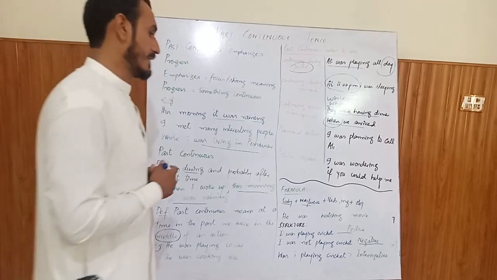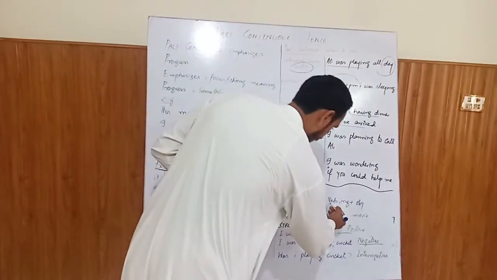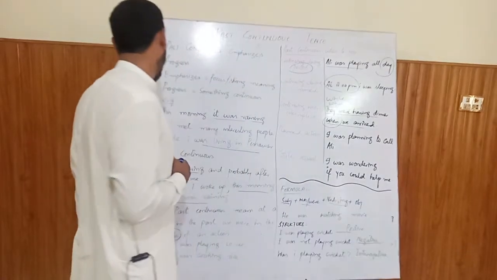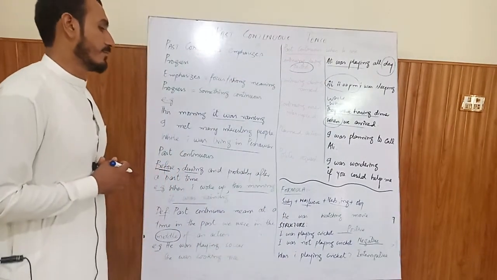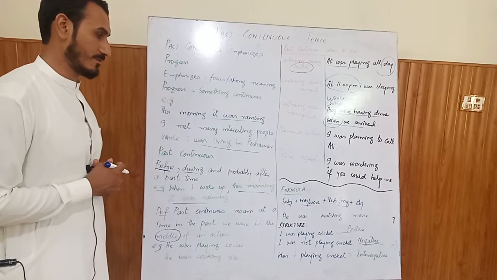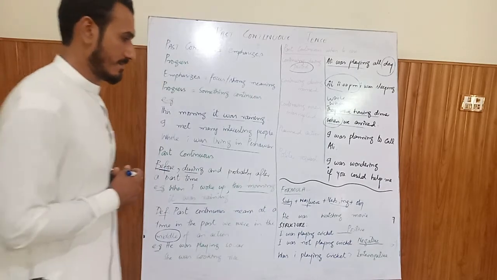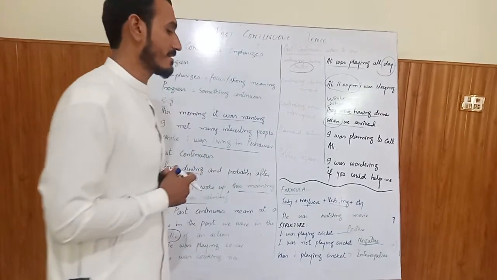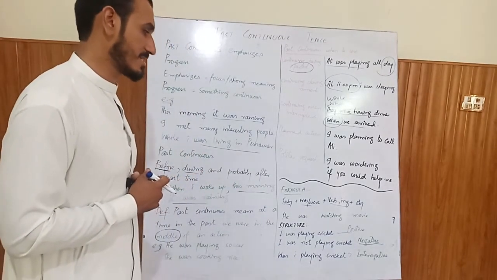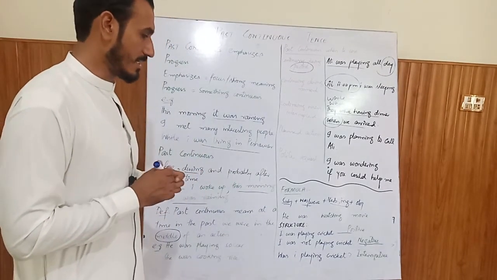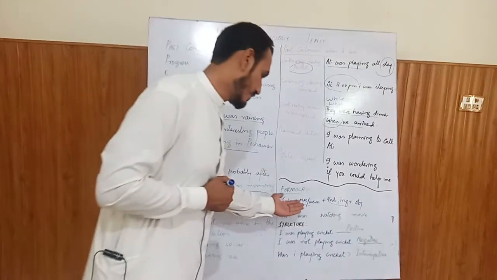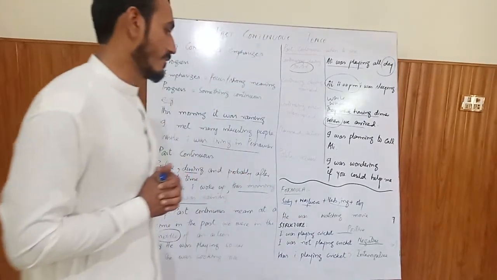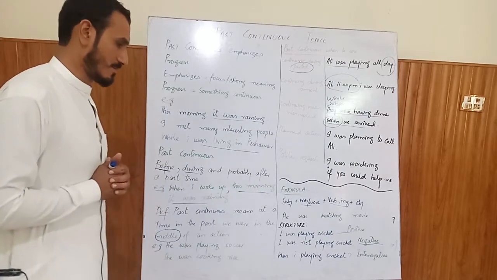Was verb and verb plus ing, which shows an action. And object. Object means receiver of an action. So here we have subject, was, verb plus ing, plus object.